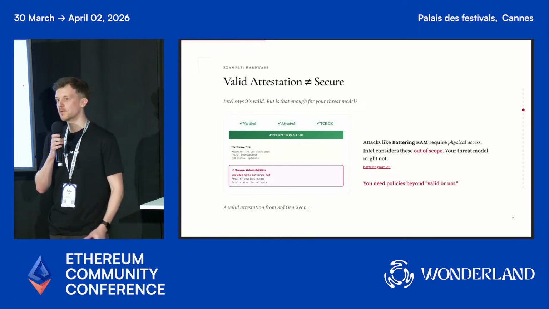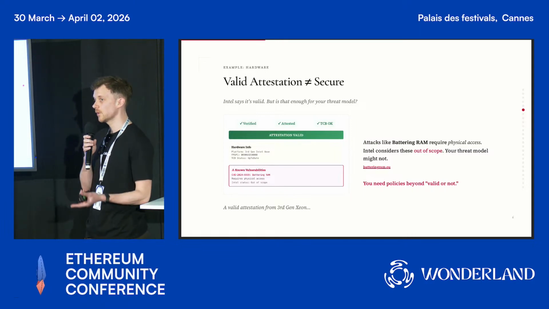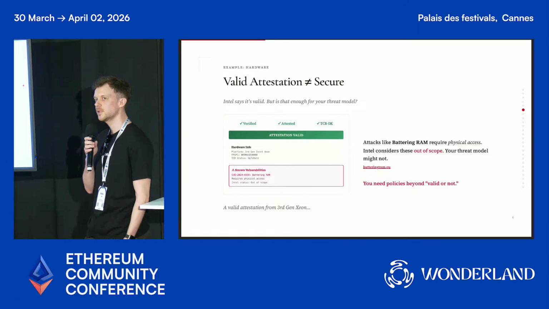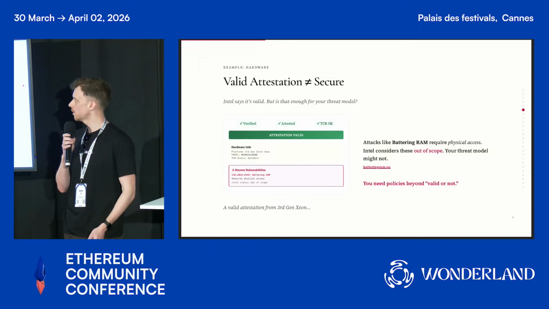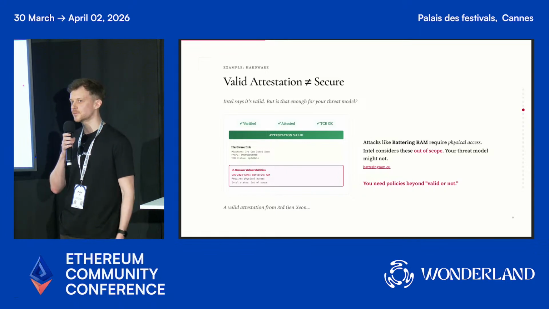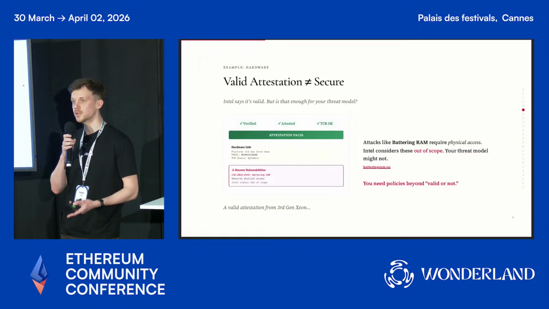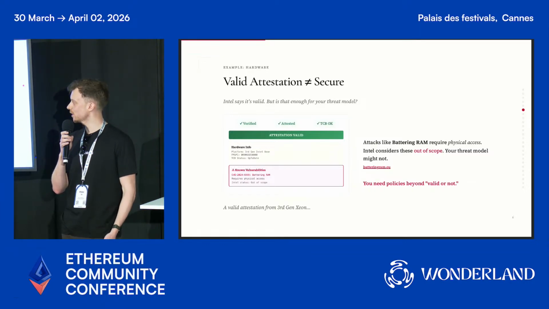Now even if we get the attestations, verify the quotes, do everything correctly, and do this continuously, we can still get examples like this. This is a valid attestation that's produced by Intel. But then you can check a bit more in depth.